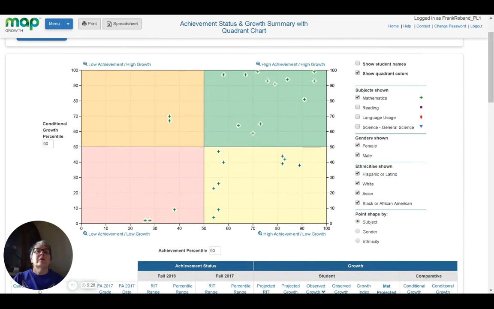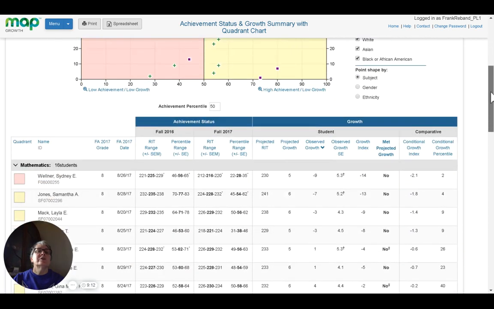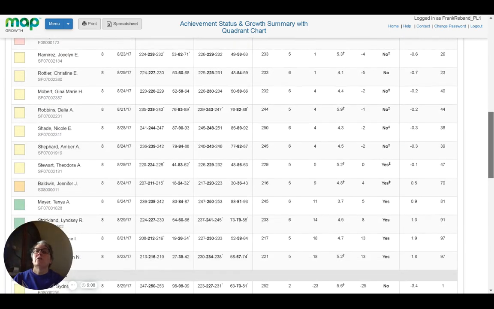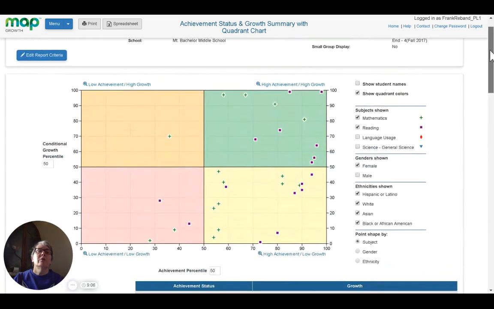And as we saw in the last lesson, we can check or uncheck the different subjects shown so that I can show more subjects or fewer subjects on the quadrant chart. I can also show only female on the quadrant chart, and this translates not only to the chart, but also to the table below that. So I'm going to leave it with both male and female shown.